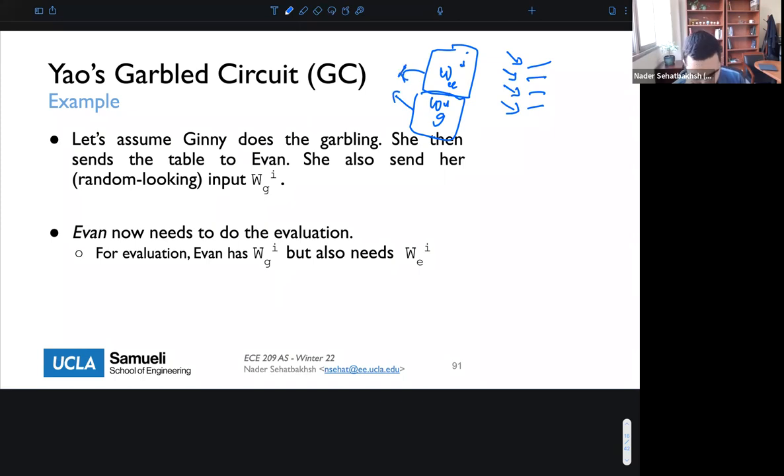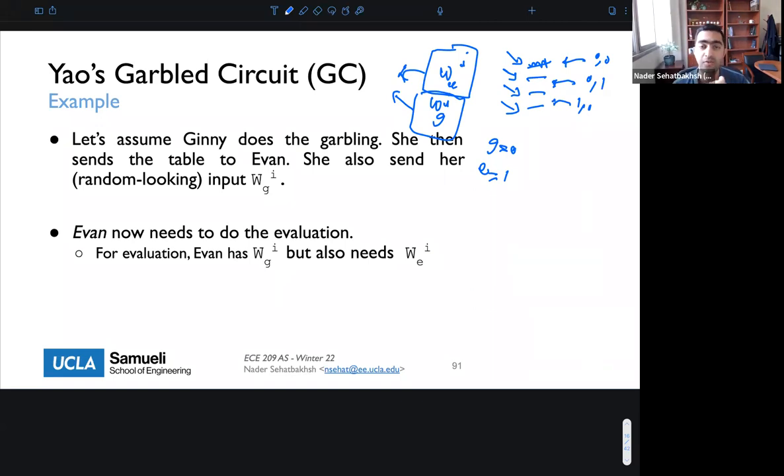So for example, let's say G is equal to 0 and E equal to 1. Remember, we create an encryption mechanism that requires 2 keys, and based off those 2 keys, we can decrypt the line. So if those 2 keys are 0, 0, this line can be decrypted. If the input is 0, 1, this line can be decrypted; if 1, 0, this line can be decrypted, and so on and so forth, right?